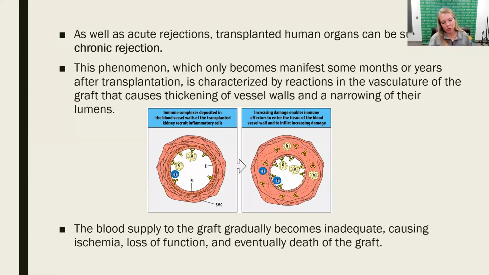When blood supply drops, there's going to be an insufficient amount of oxygen delivered to those cells. That can lead to ischemia, and then cell death, and eventually death of the graft. Again, this can take a little bit longer, and we call this a chronic rejection.